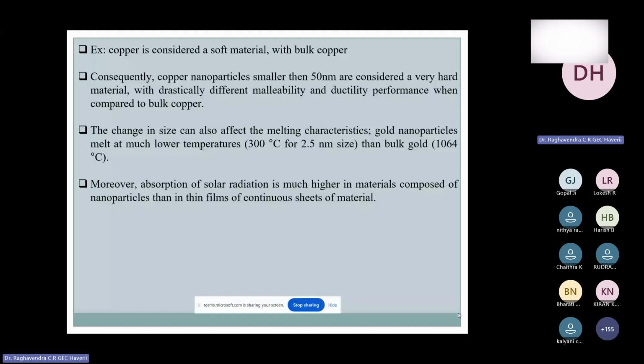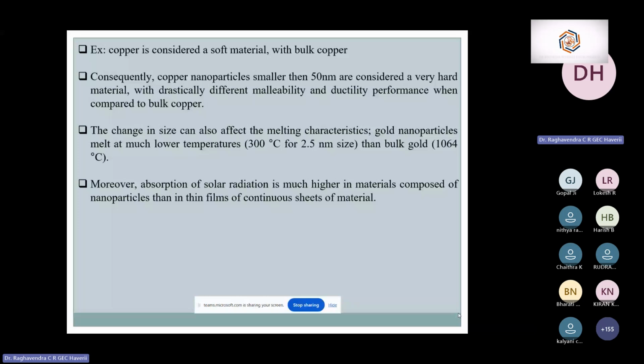That is what I was just talking about. Copper is considered a soft material in bulk. When you take the same material in nano size, it is going to be different. Consequently, copper nanoparticles smaller than 50 nm are considered very hard material with drastically different malleability and ductility compared to bulk copper.